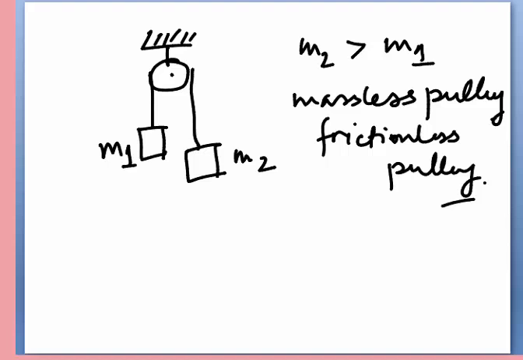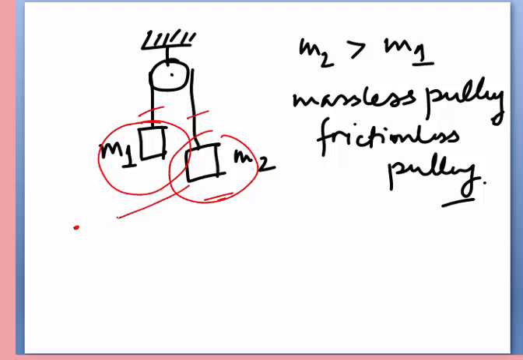Now the conventional approach of solving this problem is something like this. We cut it here, this becomes my one system, this becomes my second system, and I will create an FBD. This is for the mass M2.